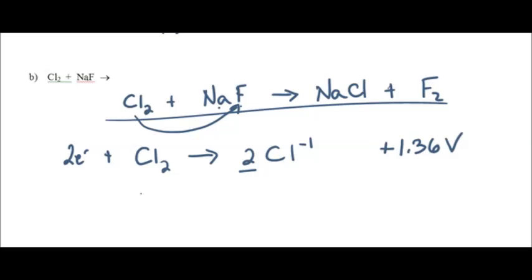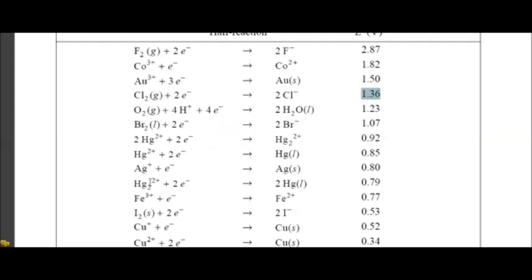Okay, so now let's look at the fluorine. So the fluorine negative goes to fluorine gas. Well, we need 2 of those. And if it has a negative charge, then that means that the fluorine is oxidized. Well, that can take place, but the question is, will that take place?